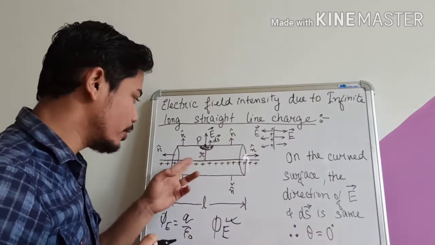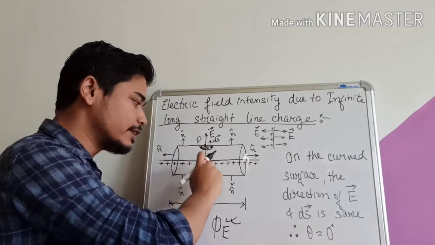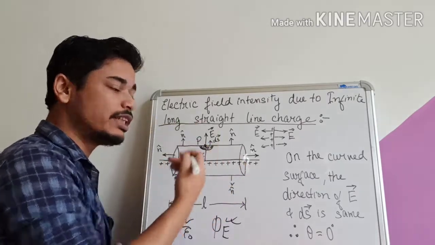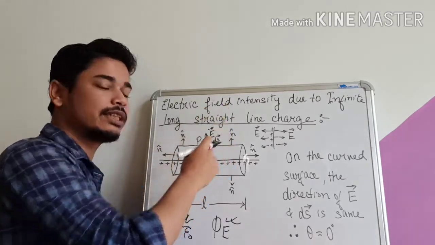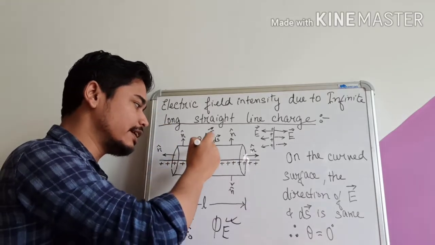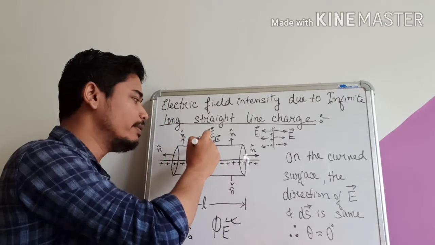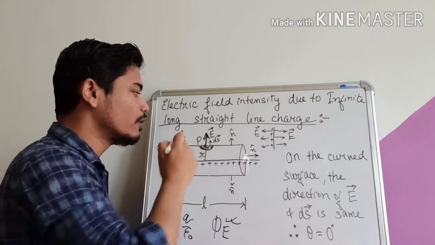In which direction will the electric field be? The electric field will be along this direction, which is normally or perpendicularly outwards. So we have considered the electric field to be along this direction.